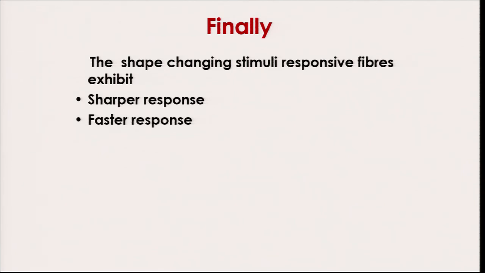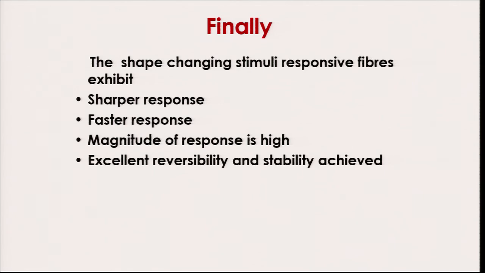Finally, I would like to say that the shape changing stimuli sensitive fibers discussed over here show sharper response, faster response, that means they are very quick. The magnitude of response is higher, as we have seen in the last slide, right. We looked at the values in comparison to the film and the disc, and they also had excellent reversibility and stability.